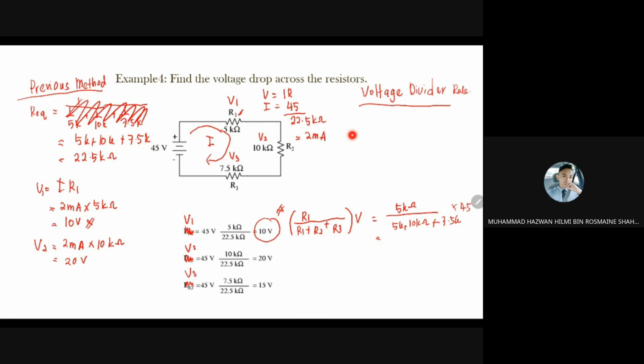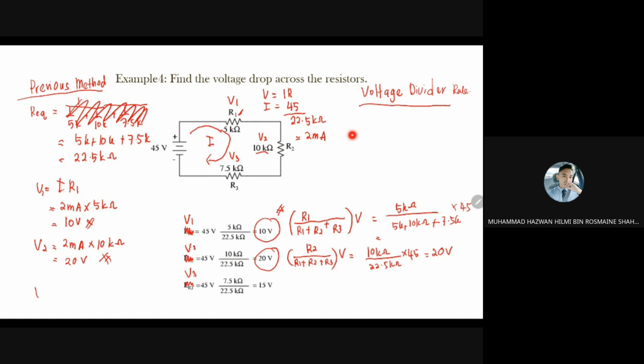Everyone got 20 volt, right? The formula for V2 is R2 over R1 plus R2 plus R3 times V. R2 is 10 kilo ohm divided by R1 plus R2 plus R3, which is 22.5 kilo ohm, times 45. So here you got 20 volt. It's the same here and here.